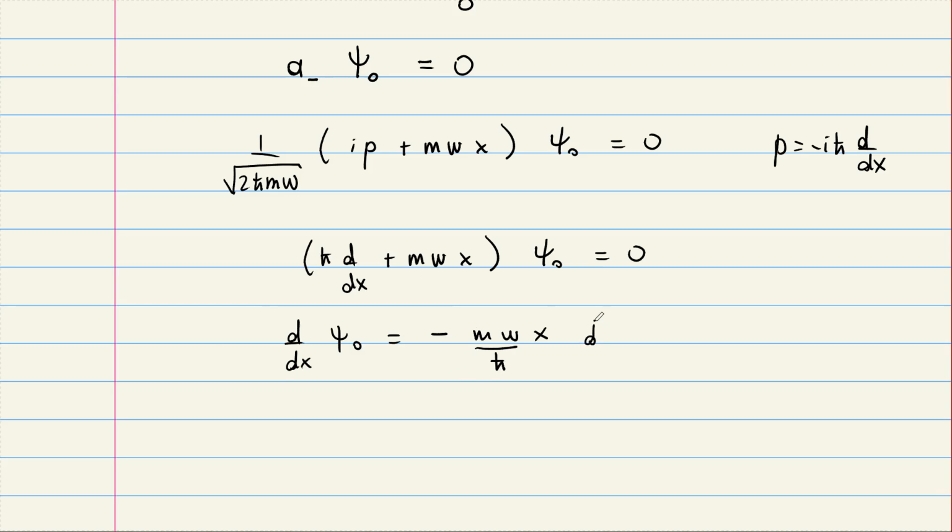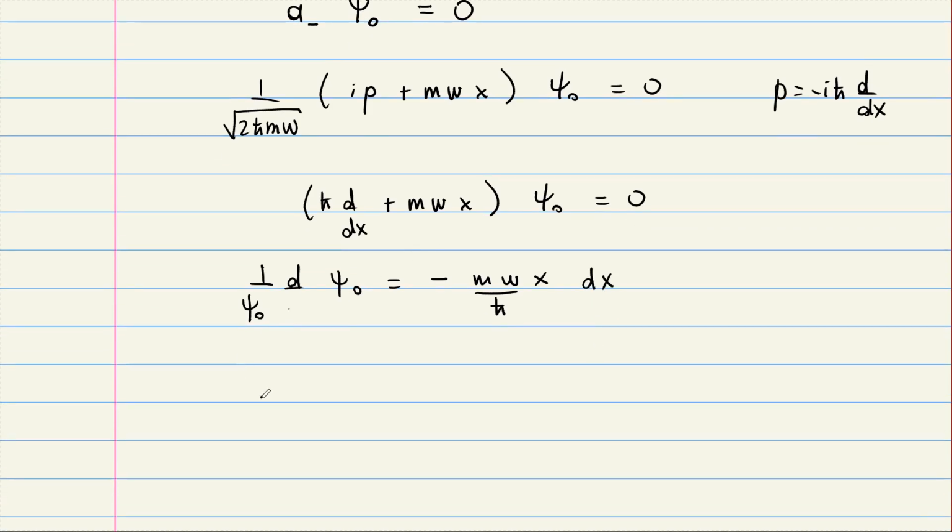Sorry, I forgot, this is psi 0. Now I will take this psi 0 to here, this dx to here. This is 1 over psi 0 d psi 0, and this is dx, and it is exactly the same equation.